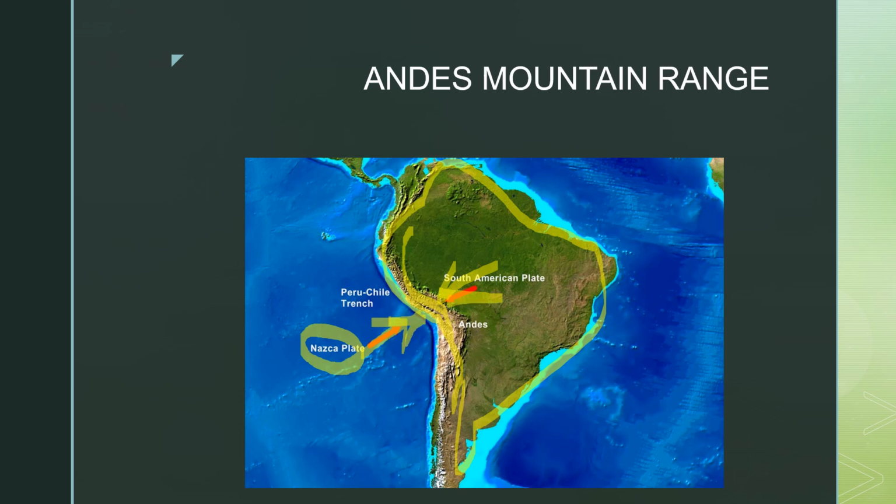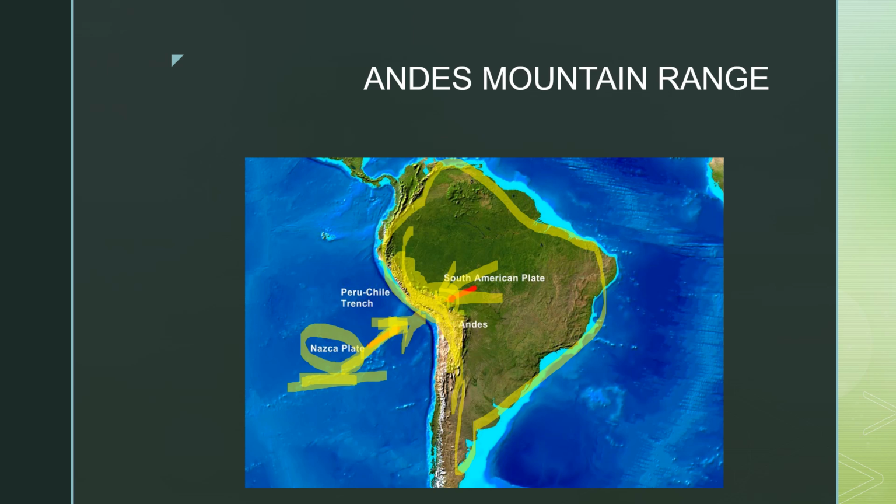When they start to converge, the Nazca plate, being oceanic, has more density, so it starts to go down. And when it goes down, it sinks, and further it rises up here as some eruptions, and here the Andes mountains formed.